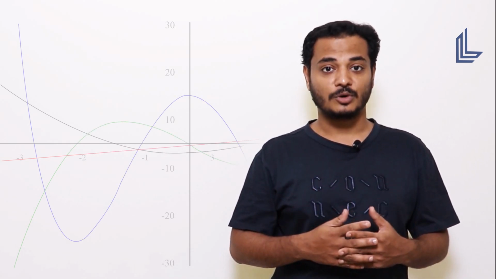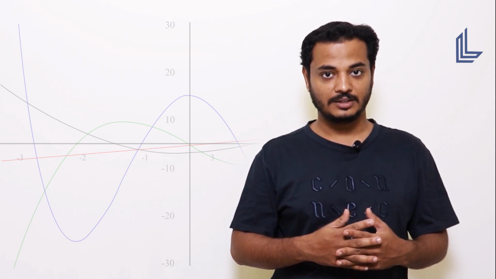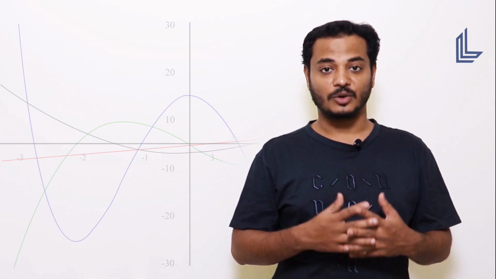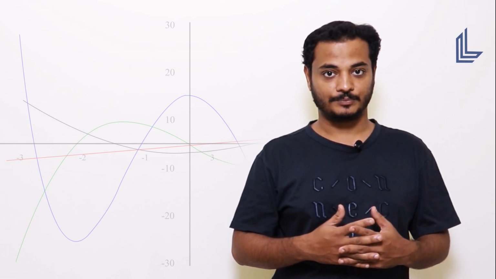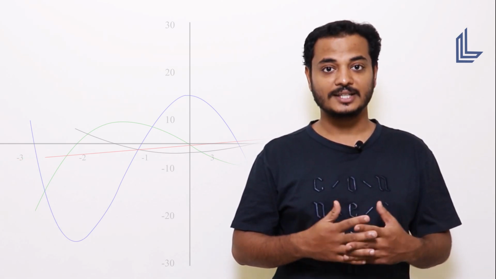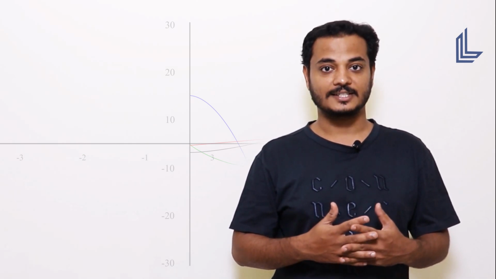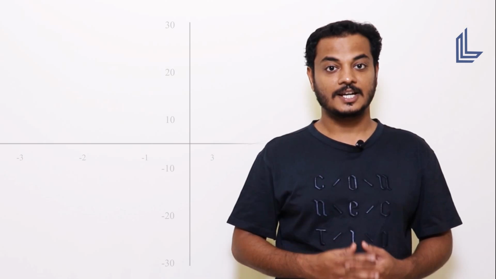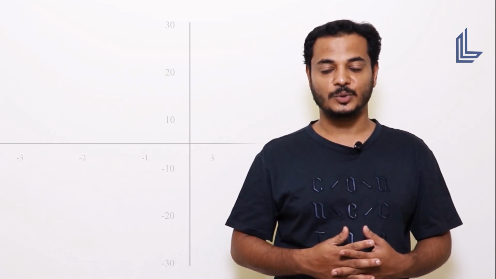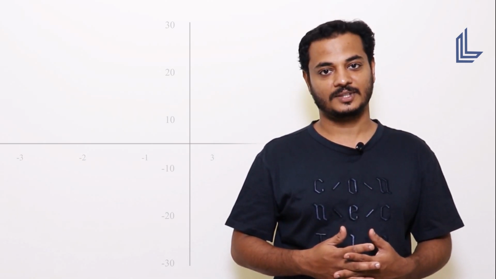If you are given the plot of any random polynomial, you can look at the graph and locate zeros of that polynomial. All you have to do is to look at the x-coordinates of those points at which the graph intersects the x-axis. Let's seal this concept by doing this one last example.